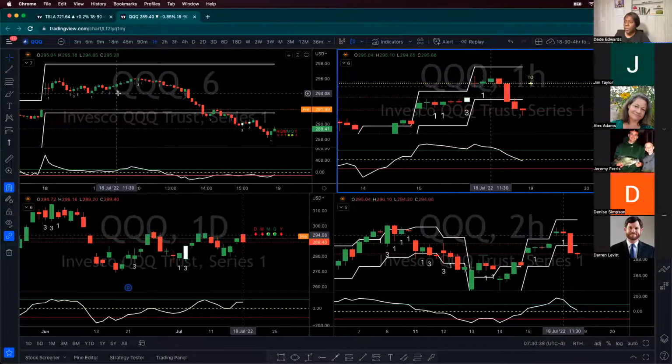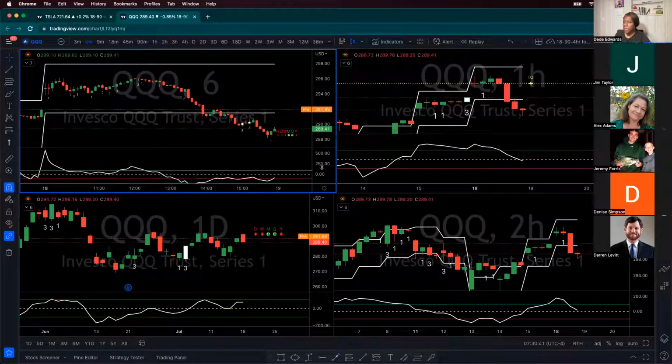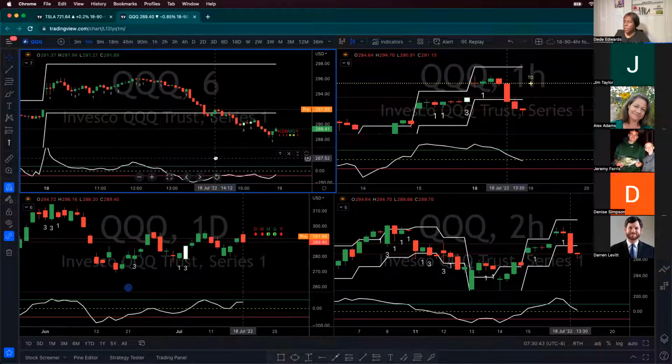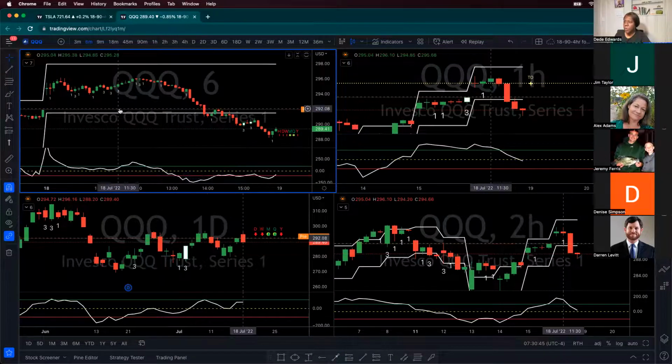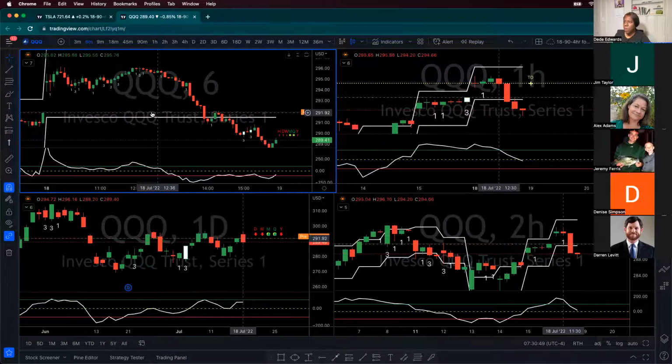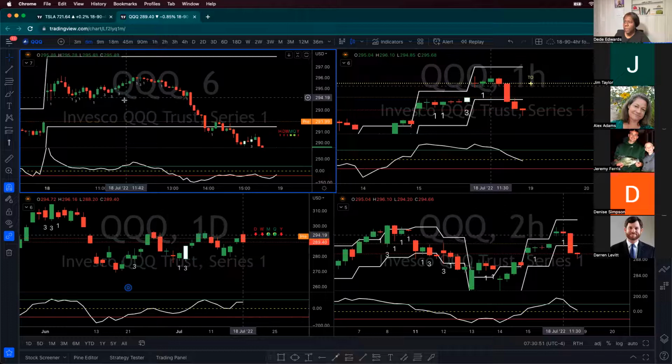Now, is there an opportunity to enter here? I use CCI on the shorter time frame, crossing above 100. You had a small window right here. It went 3-2, right?